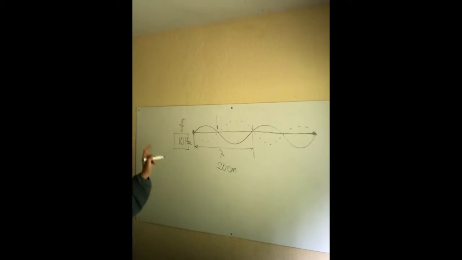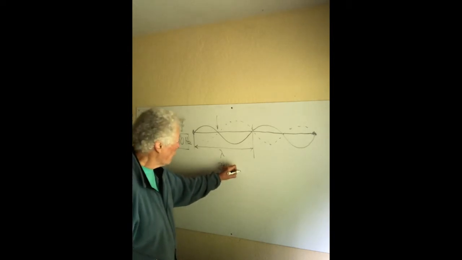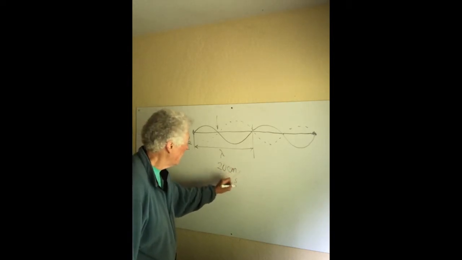So what's the speed of this wave? Well, the 10 hertz is how many steps you take every second, and the 20 centimeters is how many centimeters you go in every step.